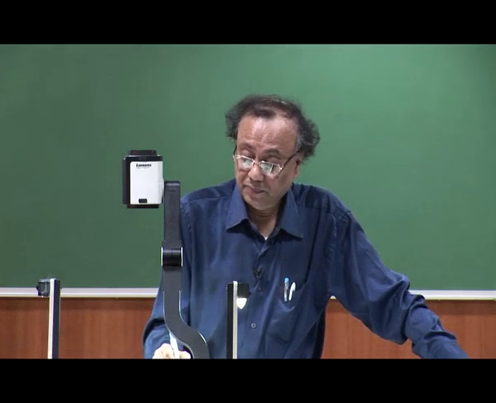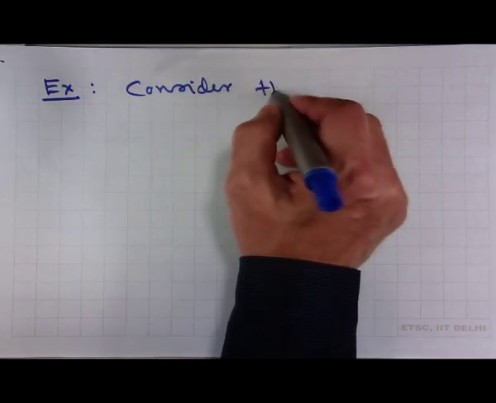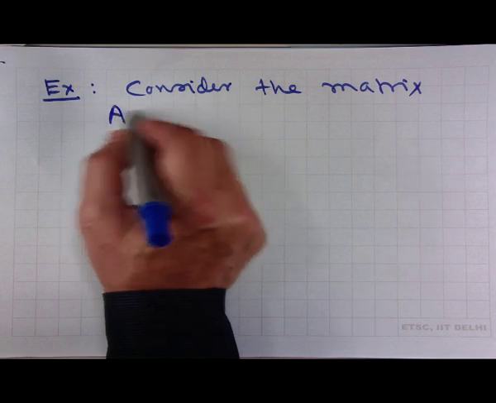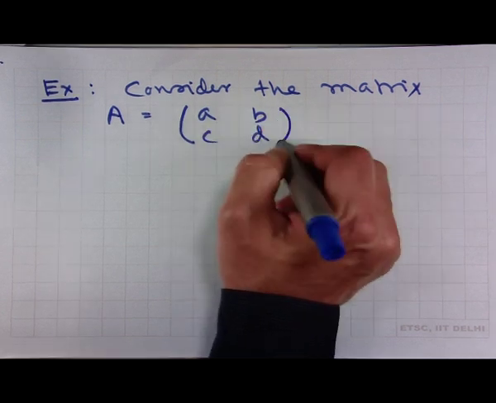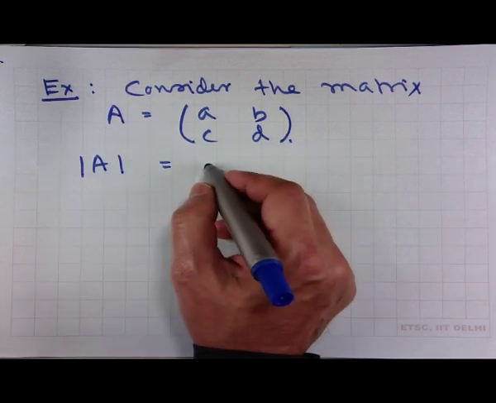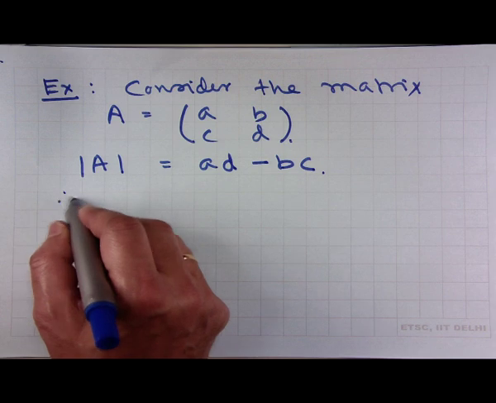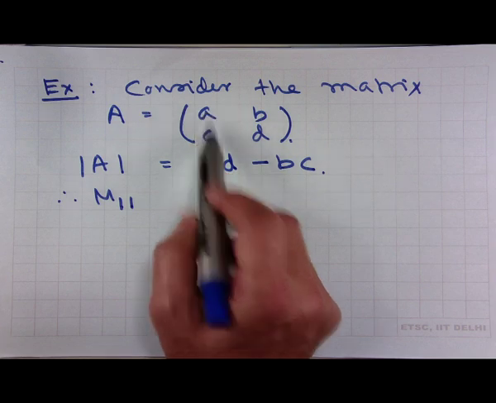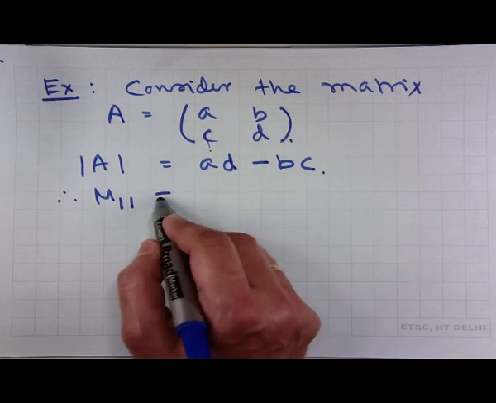Example, consider the matrix A = [[a, b], [c, d]]. Therefore, determinant of A is equal to ad minus bc. Therefore, M11, the minor, is the determinant of the submatrix after deleting the first row and first column, is equal to d.